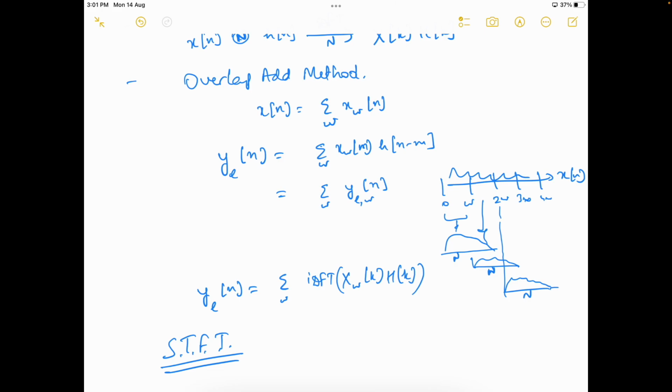What is the window size you will need? At least length of x plus length of h minus 1, 10 to the power 8 plus 200 minus 1, so of the order of 10 to the power 8. It's a huge window. It means your computer will require so much memory to even store these vectors.